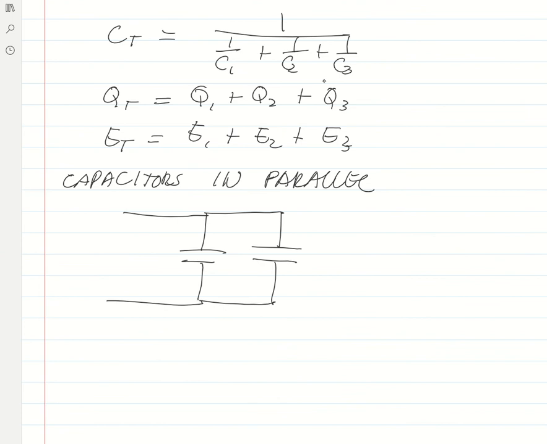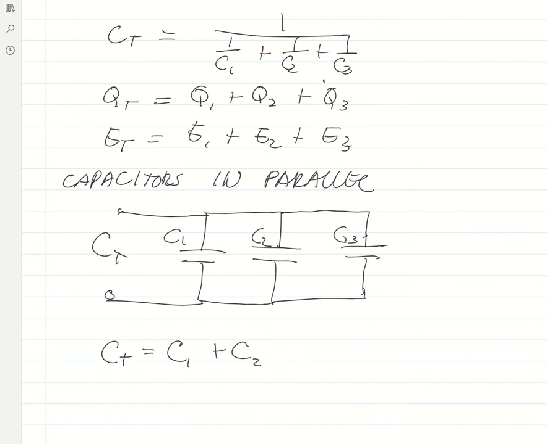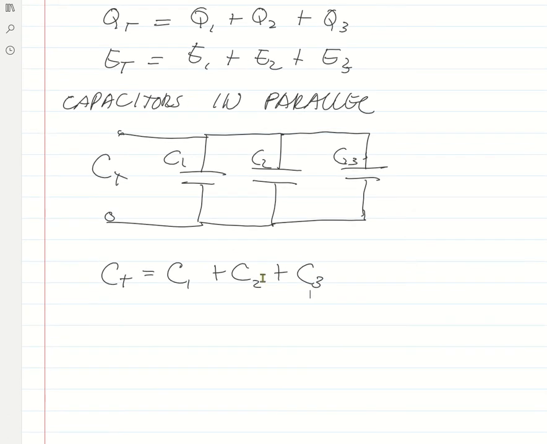While in parallel, it's the other way around. Why? Because for parallel capacitance, we use the series formula in resistors. So this is C1, C2, and C3, and this will be the equivalent C. C total now will be equal to the sum of all the capacitors that are connected in parallel, C1 plus C2 plus C3.